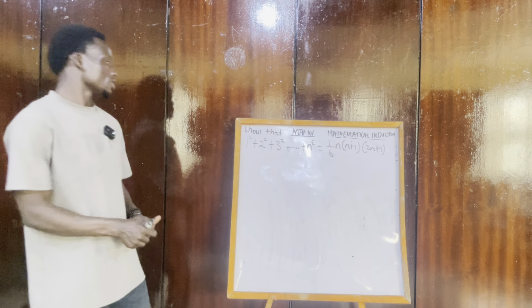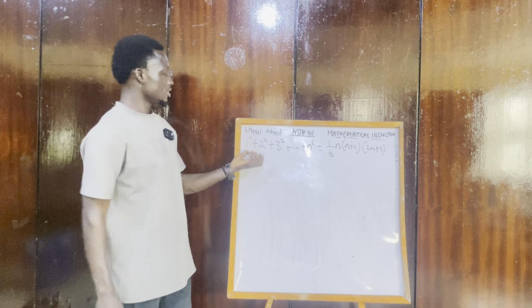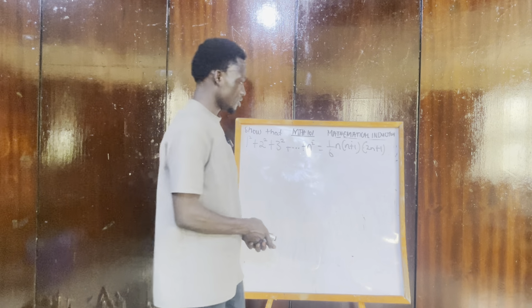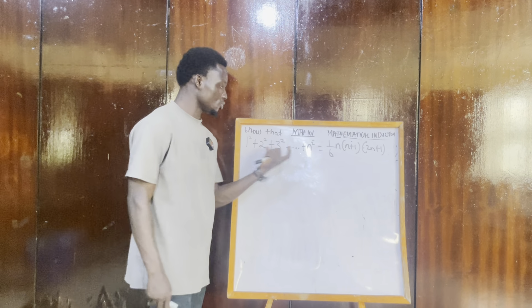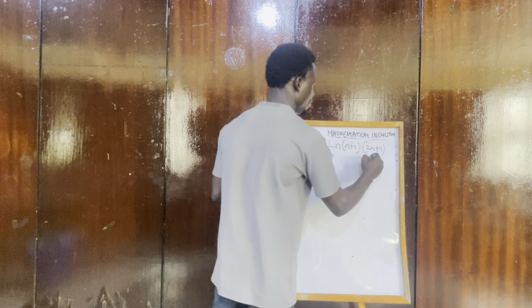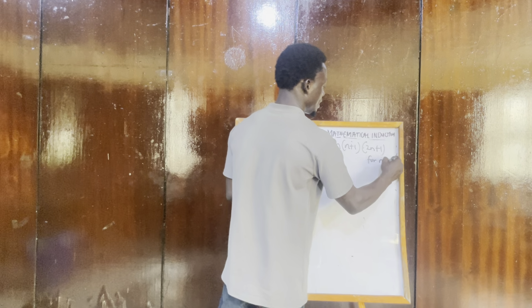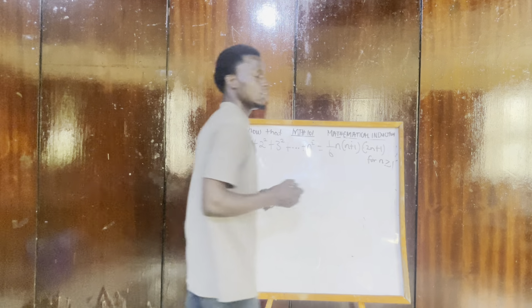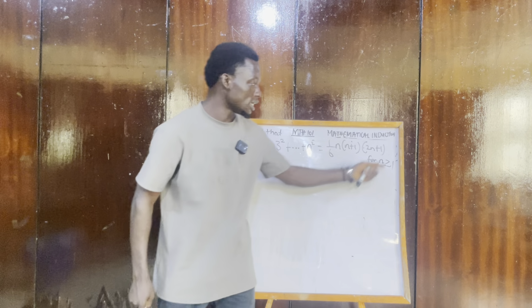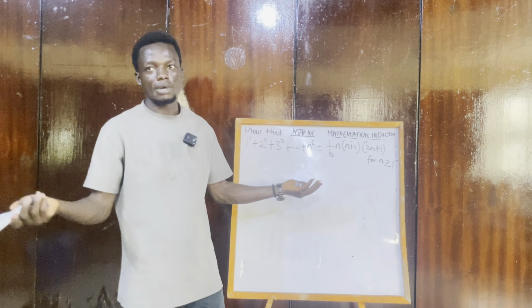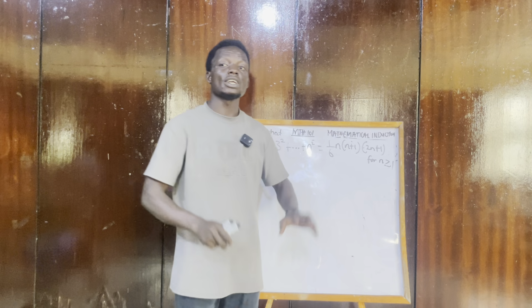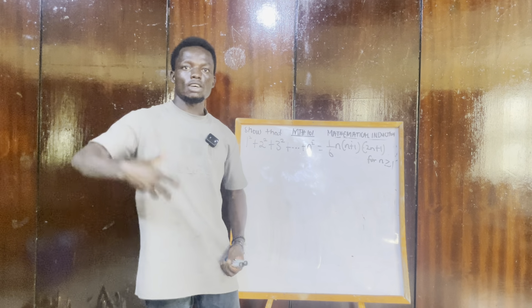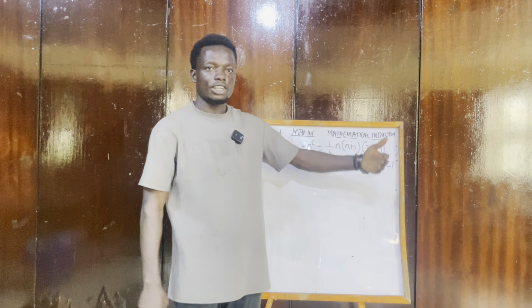For this particular question, we have to show that this statement is true for n greater than or equal to 1. If I say n greater than or equal to 1, I'm still referring to all natural numbers of n, because anything greater than or equal to 1, as far as counting numbers are concerned, is still referring to natural numbers.